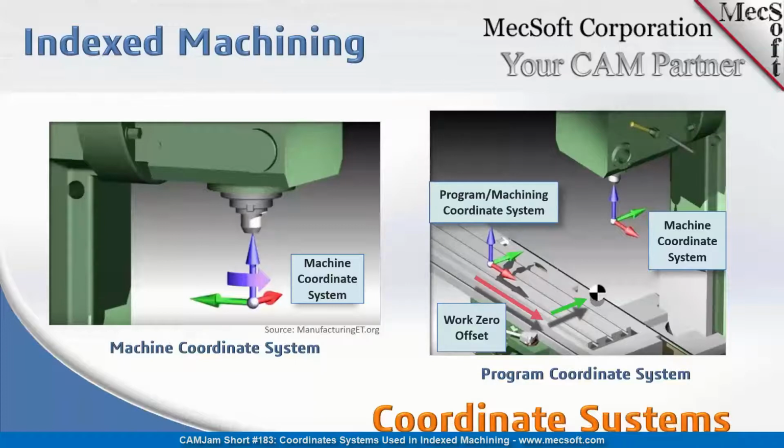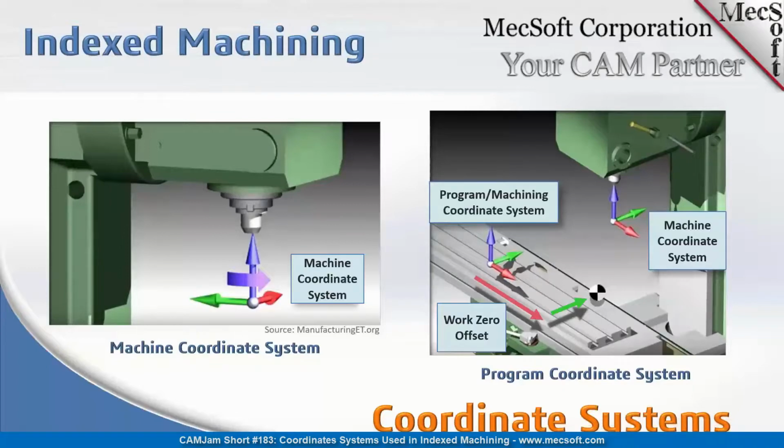And to add to that confusion for some people, but it's actually a pretty nice feature, we can also have a work 0 offset. You might have a program coordinate system sitting somewhere, but on top of that, you have the ability to move the 0 in XYZ, in 3 linear axes, to some other point. This is a nice feature because, let's say you programmed a part in a certain location, but now when you fixture the part on your table, it's on a different location and you don't want to change the 0.